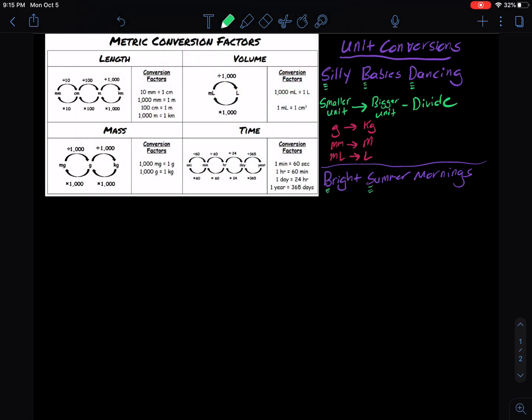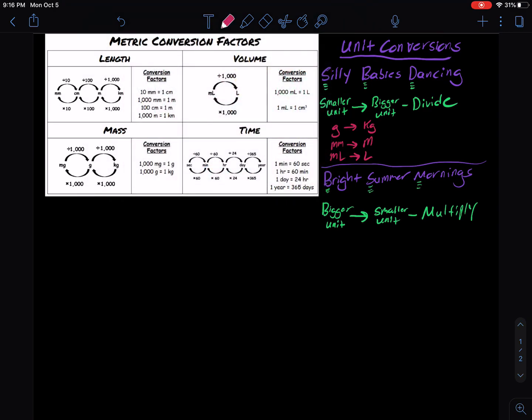So the B, the S, and the M. With bright summer mornings, it's going to be bigger unit going to a smaller unit. You're going to multiply. So if you go from a bigger unit to a smaller unit, you're going to multiply.